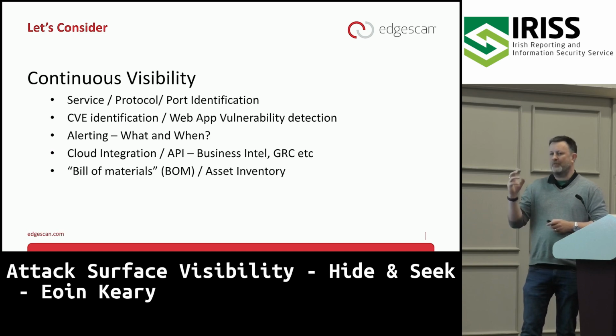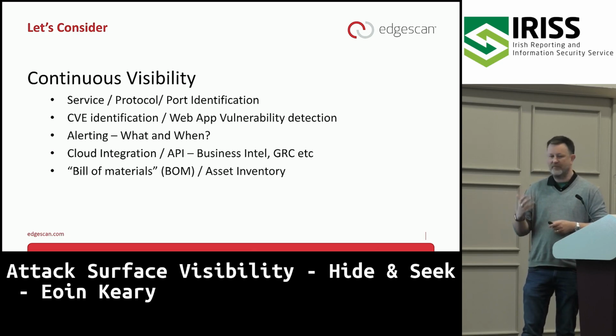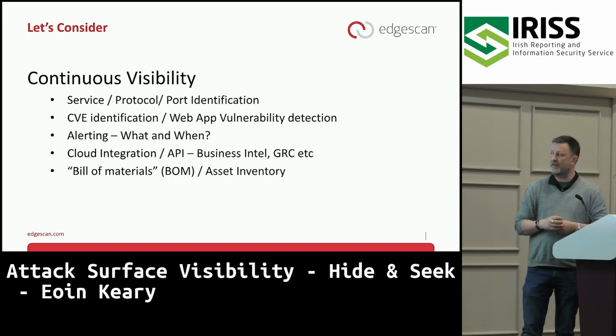We need continuous visibility in effect to keep abreast of what's going on, right? Because we're continuously changing. So from a production environment, you could have things like protocol and port. It's continuous asset profiling. At any point in time, you may see what have I got live, facing the internet or maybe some B2B systems.